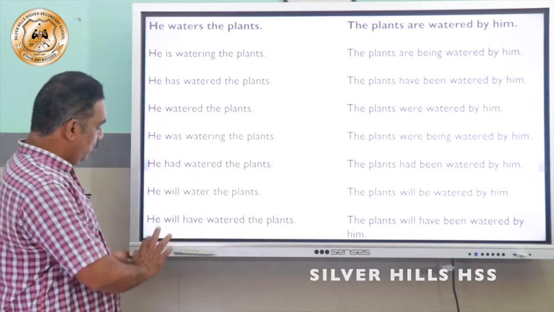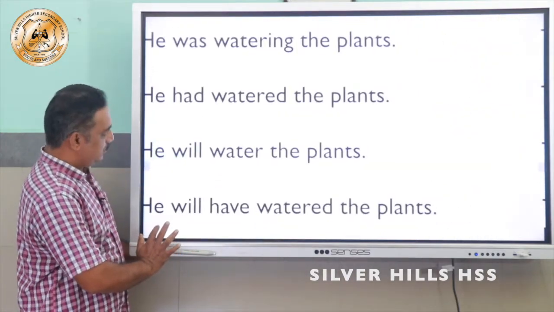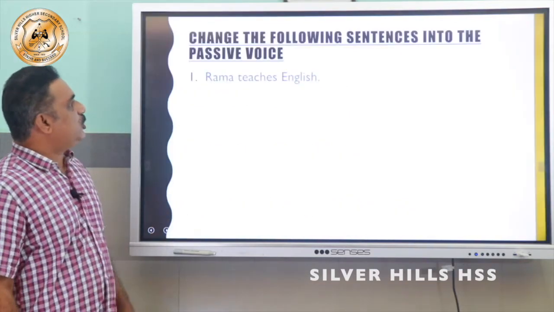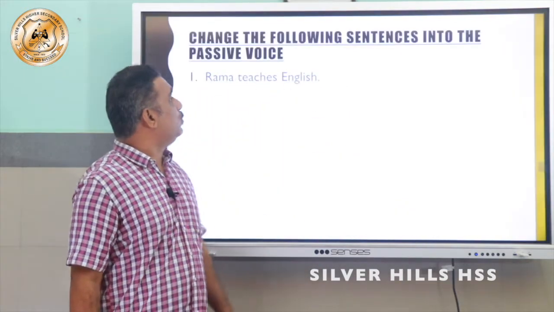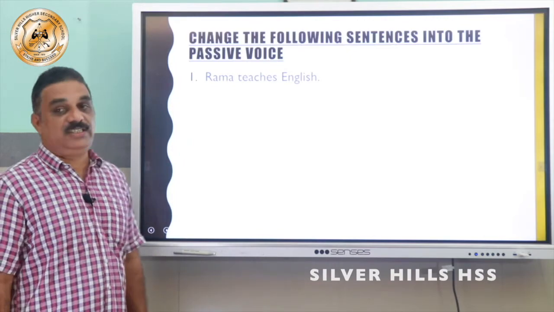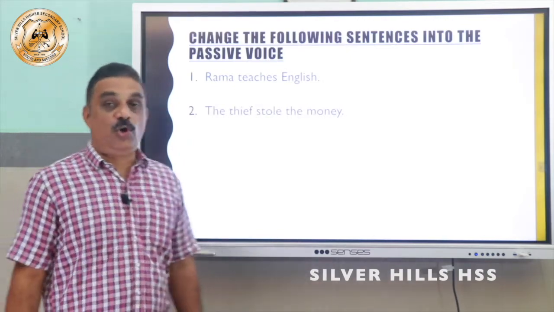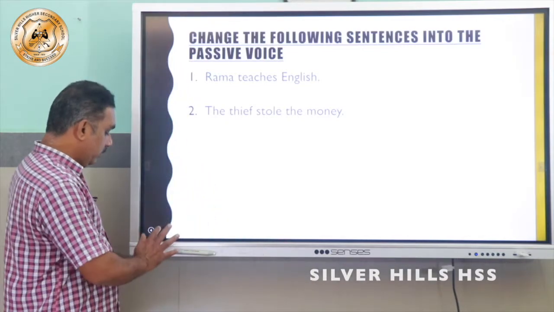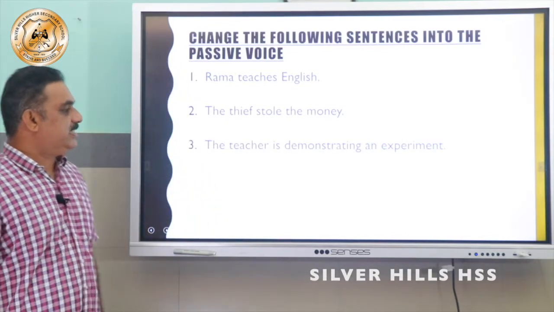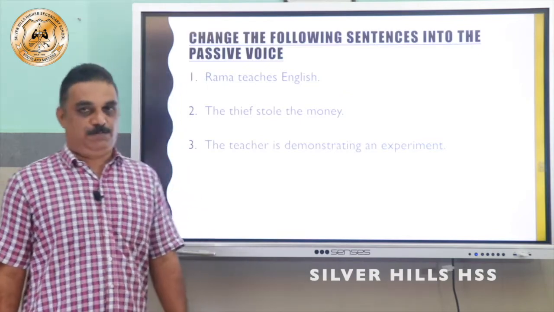Now let us move to a few questions. Please change the following sentences into the passive voice. Rama teaches English. Next one is the thief stole the money. Then third one is the teacher is demonstrating an experiment.